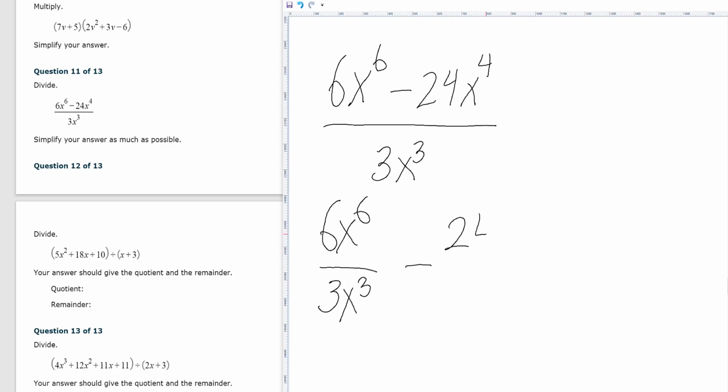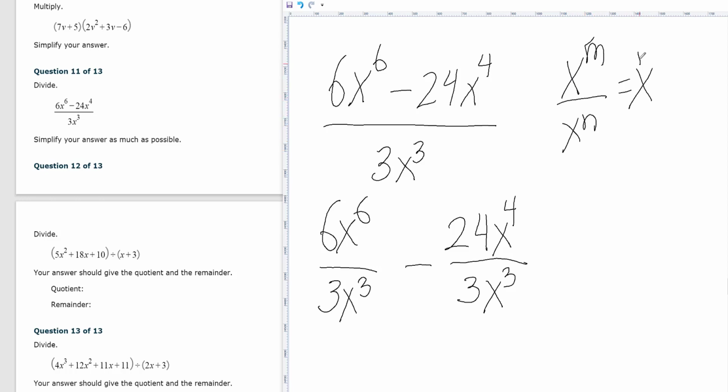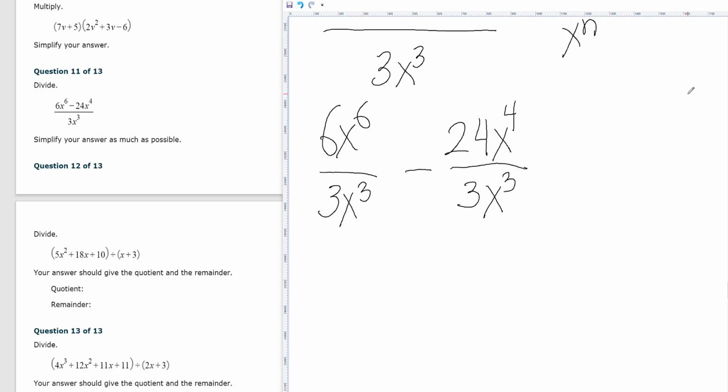So the first thing you want to do is split these terms apart and rewrite them both with the denominator 3x cubed. Then we're going to reduce the coefficients just like they're fractions or whole numbers, and we're going to use the law of exponents that says when you divide, you subtract those exponents. X to the m divided by x to the n is x to the m minus n.